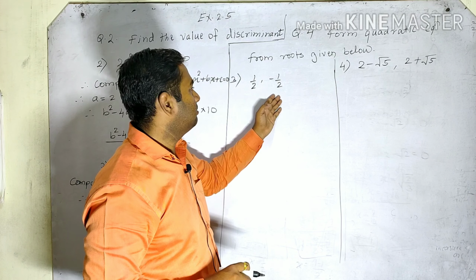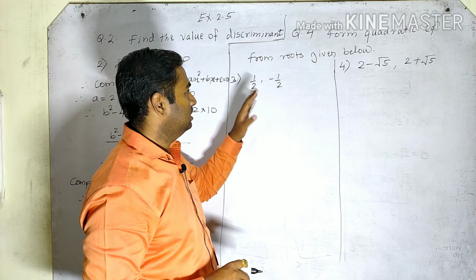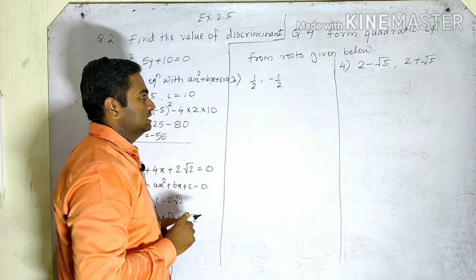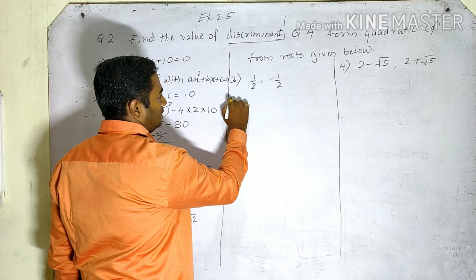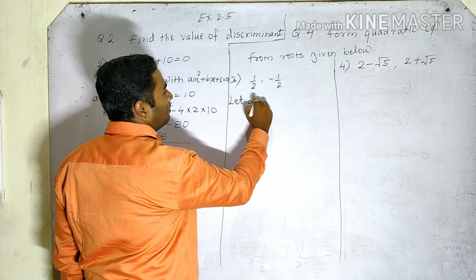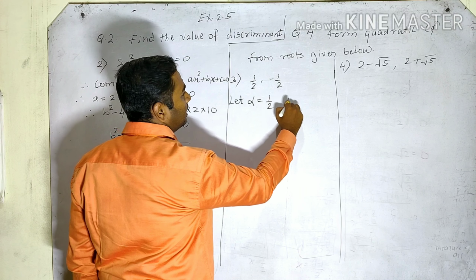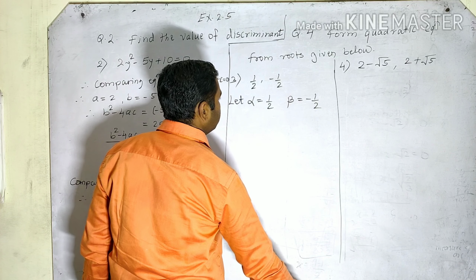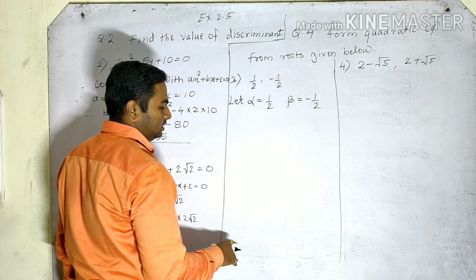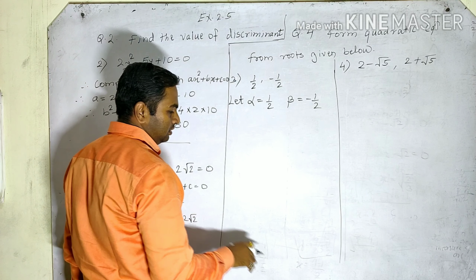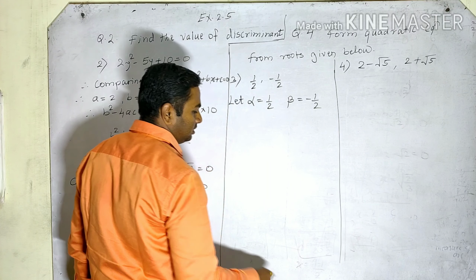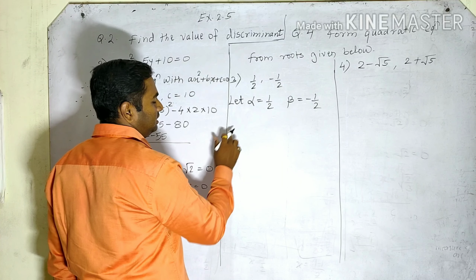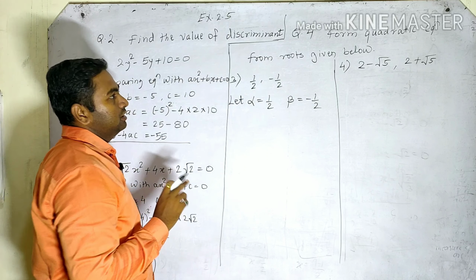With the help of this alpha and beta we form the quadratic equation. म्हणजे आपल्याला quadratic equation तयार करायचं आहे. चला तर मग, let alpha is equal to 1/2 and beta is equal to minus 1/2. So if alpha is equal to 1/2 and beta is equal to minus 1/2, for this we need the required quadratic equation.